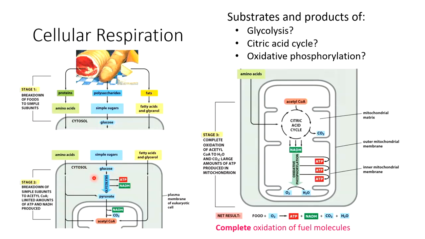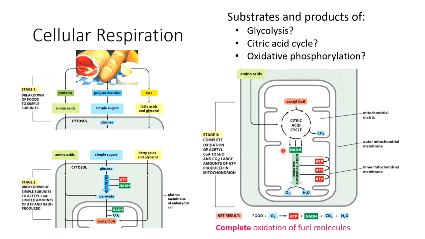One important part of stage 2 is that glucose is turned into pyruvate through glycolysis. Glycolysis produces some small amounts of ATP and also NADH. At the end of stage 2, that pyruvate from glycolysis, along with fatty acids and amino acids, is then turned into acetyl-CoA. The third stage of respiration happens inside the mitochondria. A large portion of this is acetyl-CoA being introduced to the citric acid cycle, and this produces CO2 as well as NADH.